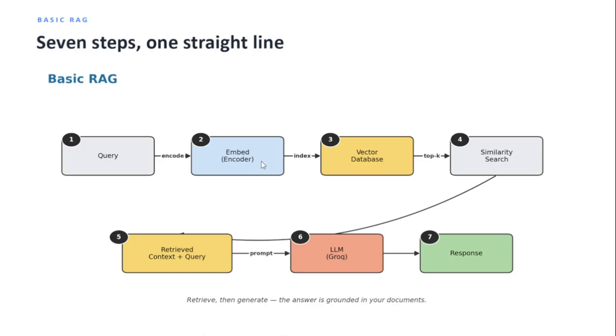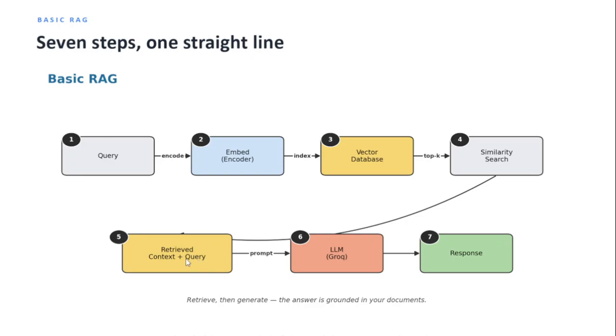For that, we use the encoder. Once the query is converted into embedded format using the encoder, it hits the vector database and does the similarity search. Based on that similarity search, it retrieves the context plus the user query.